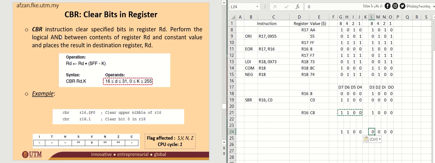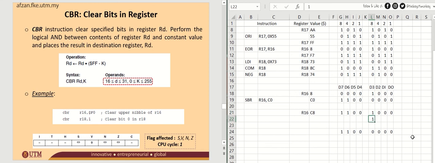To do that, I can use the CBR instruction, clear bits in register. Since I want to clear bit 3, I put this bit 3 as 1, because I want to clear this one.